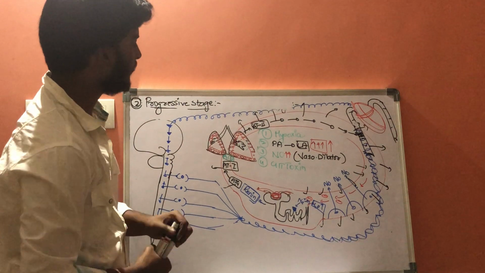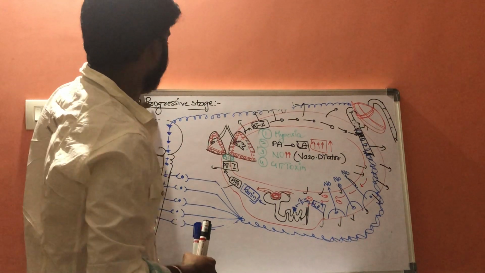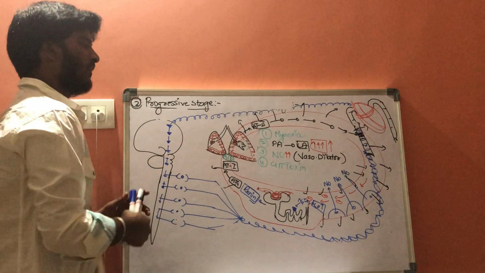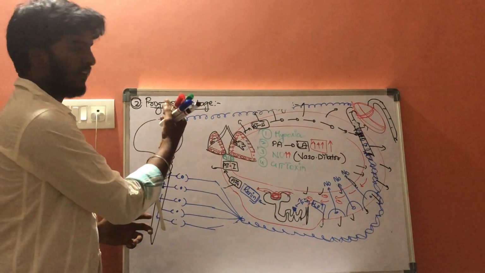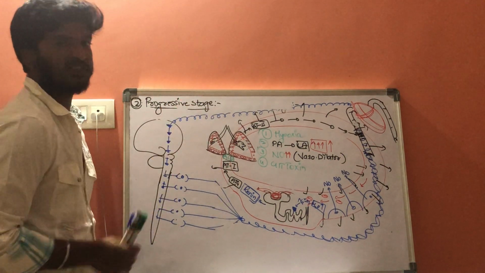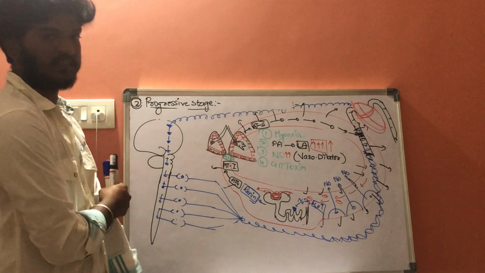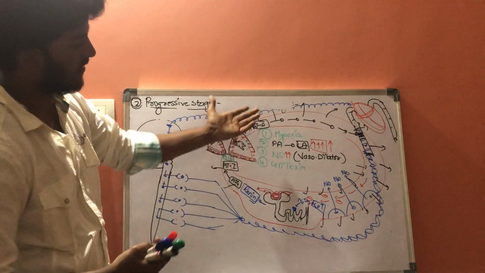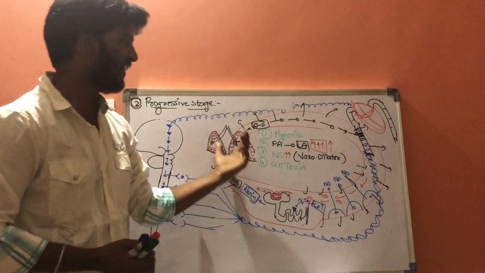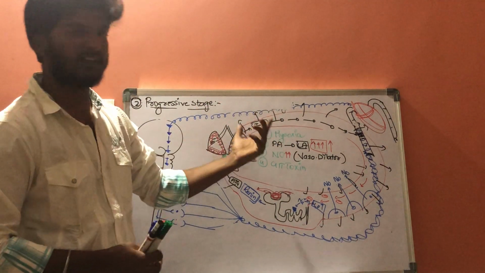So, whenever a person is not taken to the hospital within a short period of time, the non-progressive stage may convert into the progressive stage. In the non-progressive stage, if the compensated mechanisms take place in the correct manner, the patient will be saved.